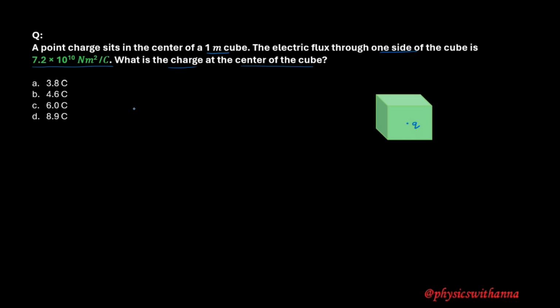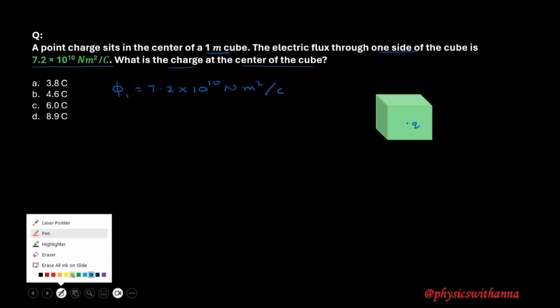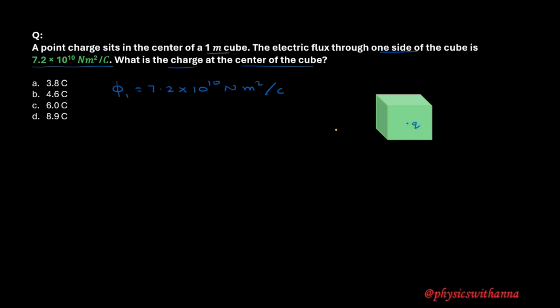So here in this question, they have given us flux through only one side of the cube, which we will write as phi 1 equals 7.2 times 10 to the power 10 Newton meter squared per coulomb. Now this is flux through one side. A cube has 6 different sides.